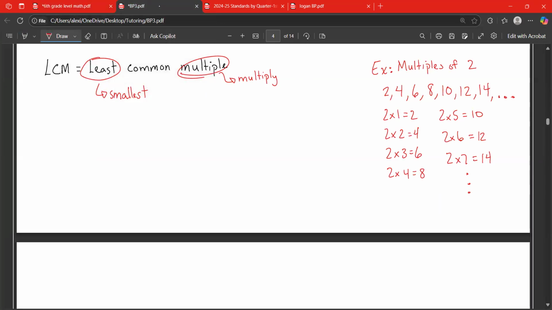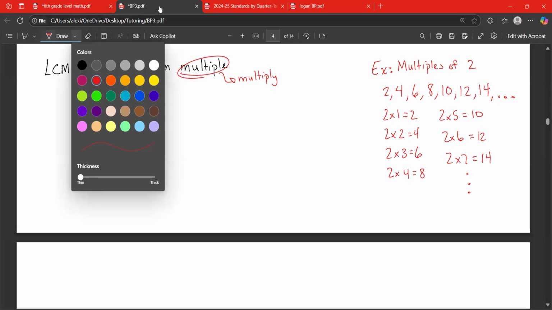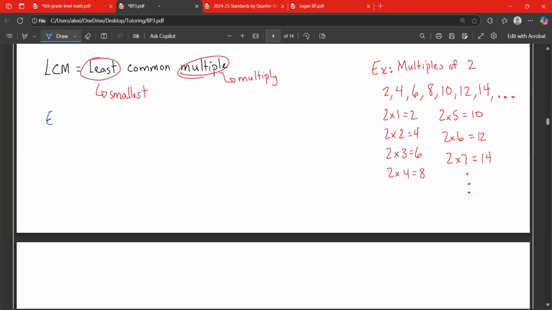So now let's pick an example. This is example 3. All right, so we want to find the least common multiple between 6 and 4. Now, I want you to know there's many ways you can do this. So I'm just going to show you one way, or maybe another way, and we'll see how you like it.